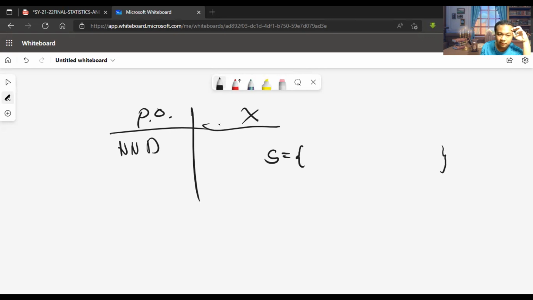So first is N and D. N and D. Next is NDN, di ba? So that's example, padayon na din aninyo hangtod pila inyo makita, okay? And then the value, di ba? The value is X, okay?